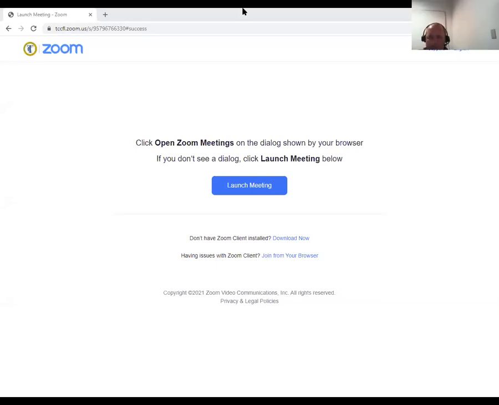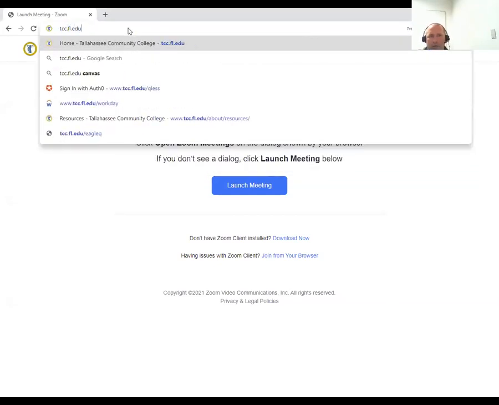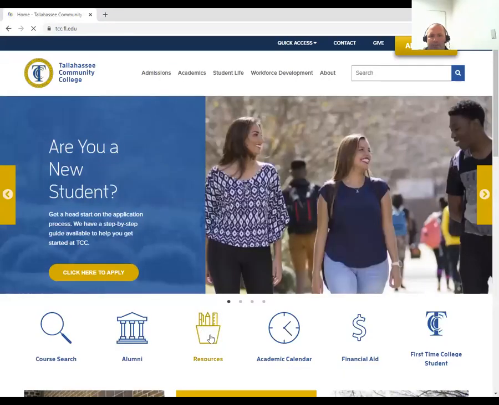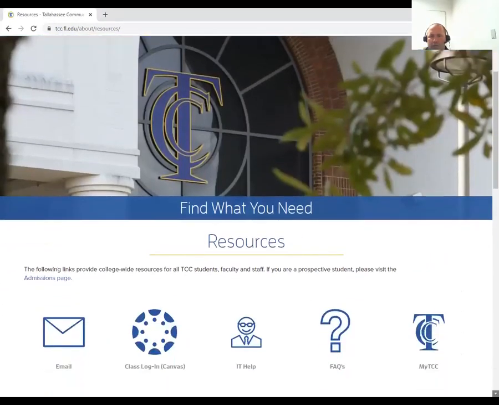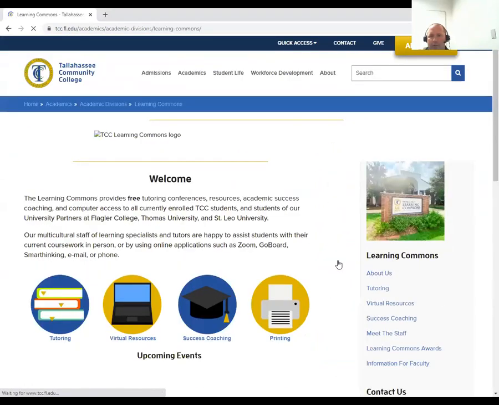If you're coming to the Learning Commons, you can be here, or you can get online tutoring as well. Either way, this is where you'd go to sign up. You just go to the TCC website, click resources, go to the Learning Commons, and you see where it says tutoring. You can also click virtual resources. We have a lot of handouts, videos, and resources you can download there.